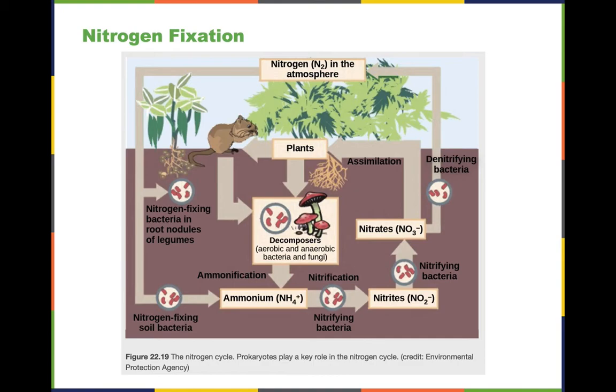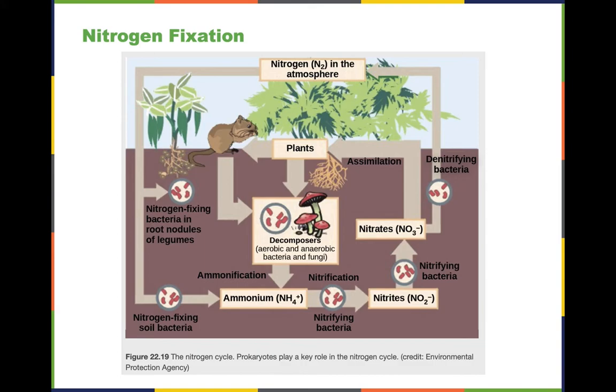Every amino acid has an amino end, if you remember. We have nitrogenous bases in our DNA. So nitrogen is one of the 4 types of elements that are the major components of life. But most organisms cannot fix nitrogen from the atmosphere.